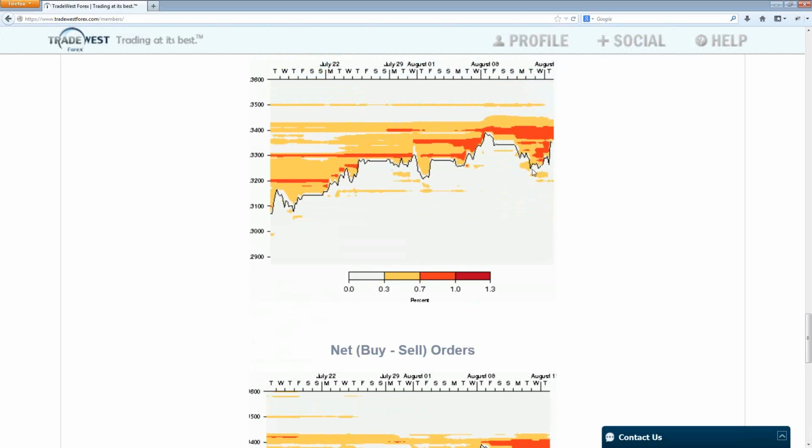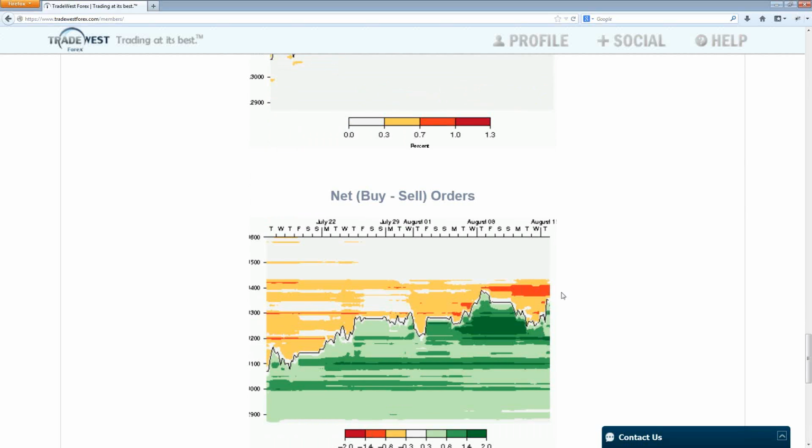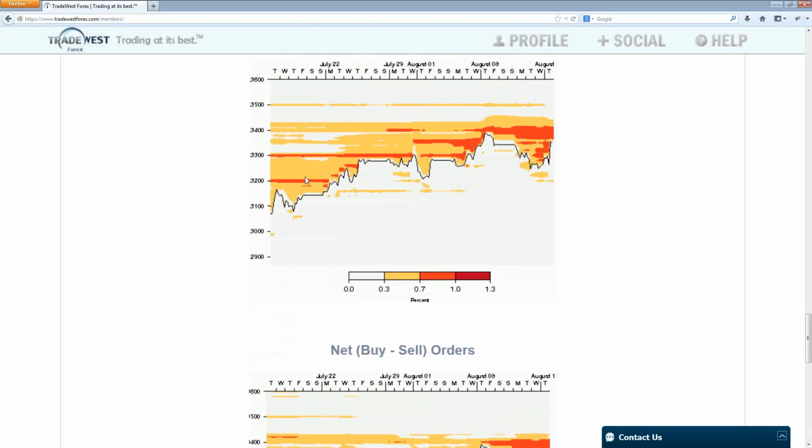If you were looking back here at this support level, as maybe you're going to buy here and you're trying to find out where to put your stops, as you take the trades, you can see where other stops are, where the price might drop down and go back up. You also want to come down here and look at that net. Do you notice how this is just above 3,200?